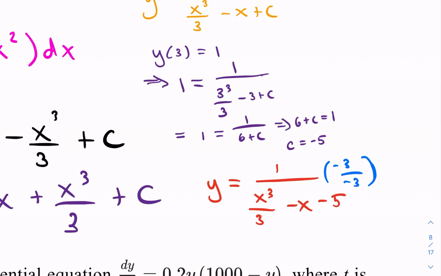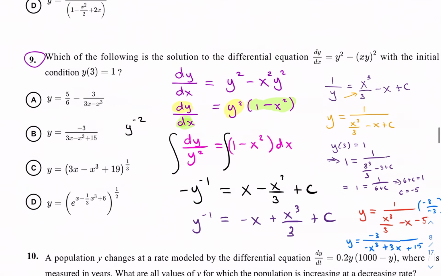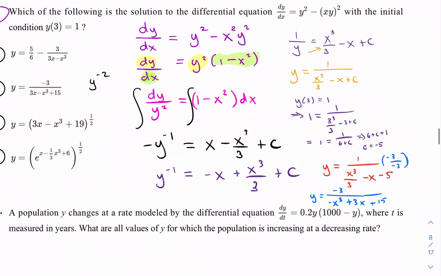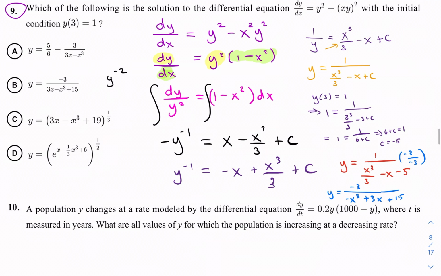So I get y equals negative 3 in the numerator, and the denominator I get negative x cubed plus 3x plus 15. And so let's go check. Is that? Yeah, that's answer B. Obviously, the x cubed and the 3x are in a different spot, but it's answer choice B. So hopefully that helped.